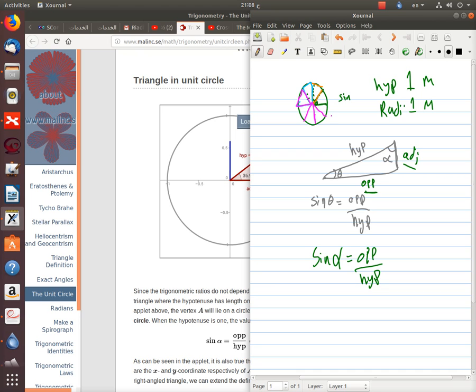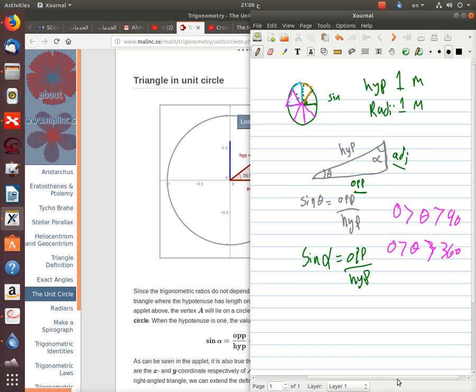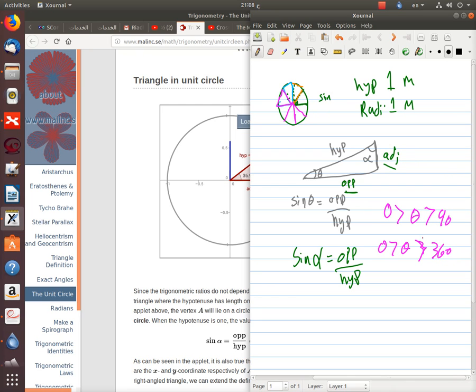So instead of defining it between 0 and 90, you're going to define it between 0 and 360 degrees. And when you get older, or when you study more, you can define it on any angle less than 0 degrees or more than 360 degrees. You can define it on any degrees.